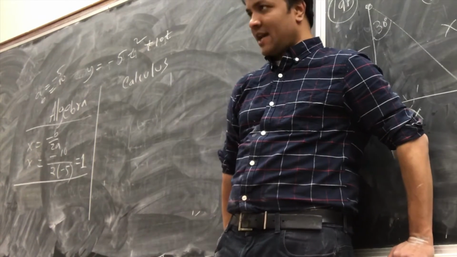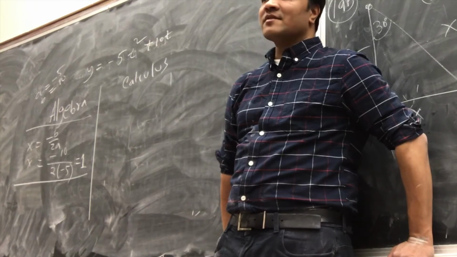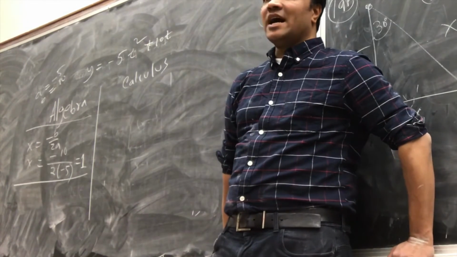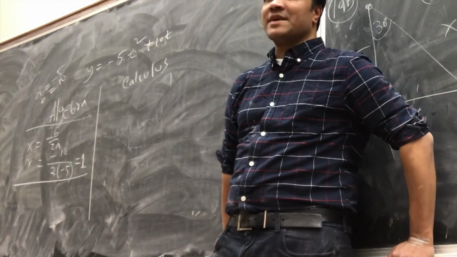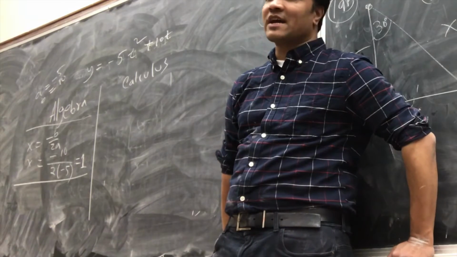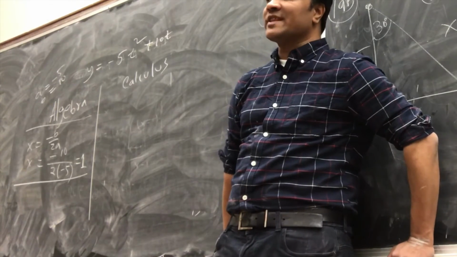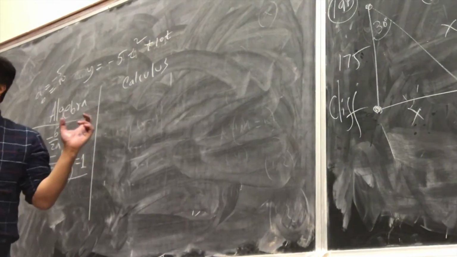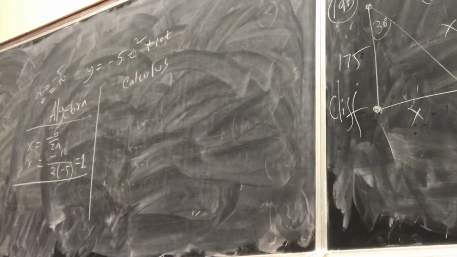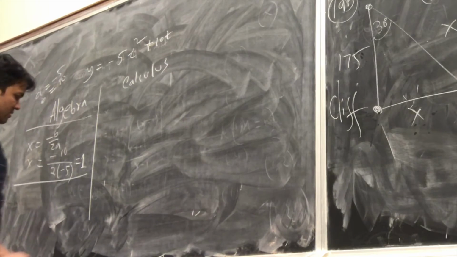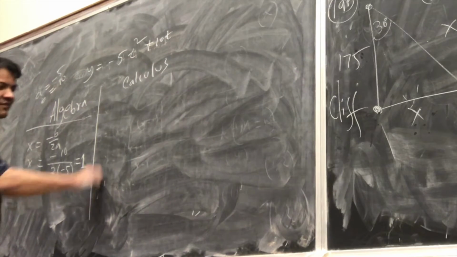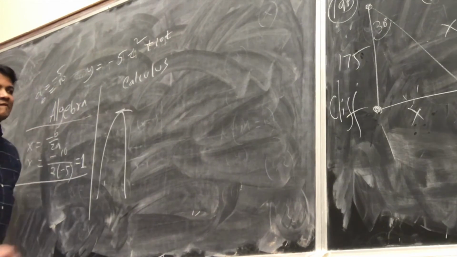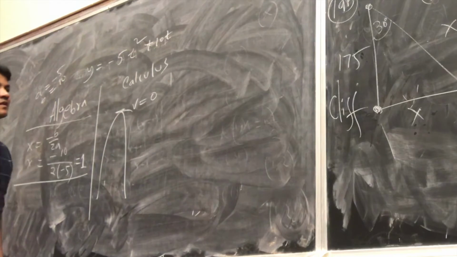It overcame the escape velocity, that's why it never came back. But almost everything you throw in the air comes back. So at the maximum height, what is the velocity? Velocity is 0.